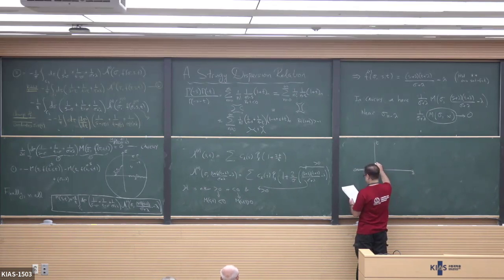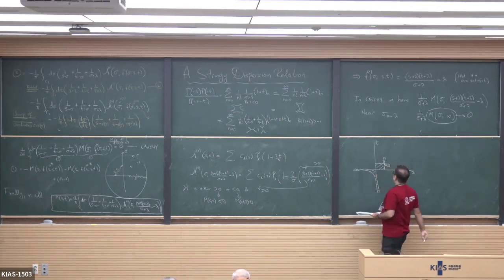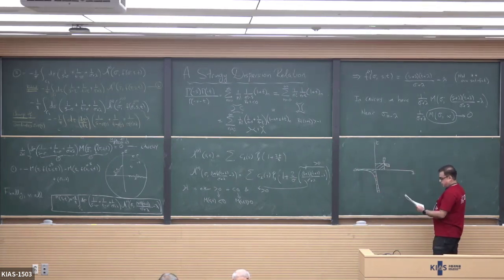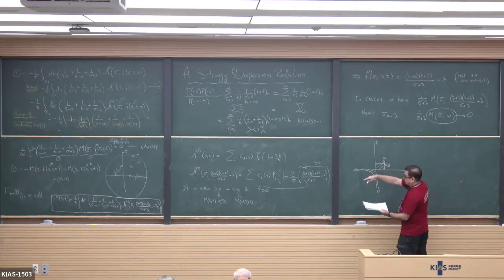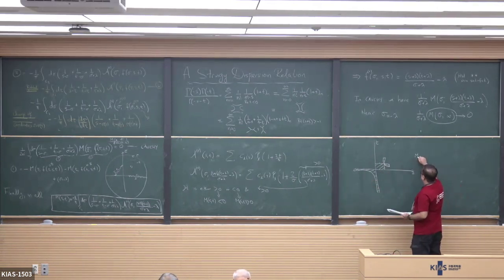I'm just sketching the domain because it looks amazing. You get a domain of this kind where the amplitude is, in this particular case, the first sign is picked up. So in this particular case, M of s,t is negative.